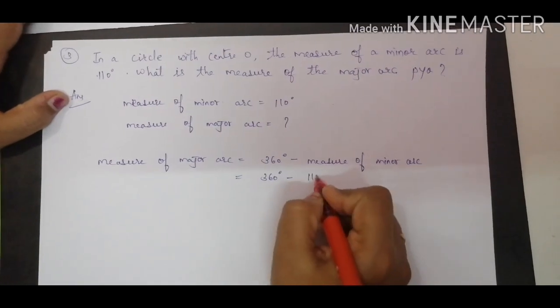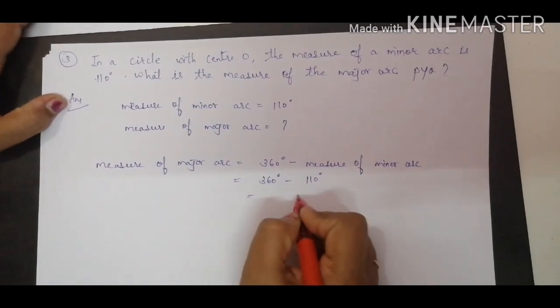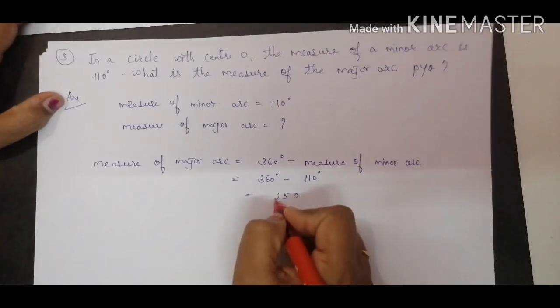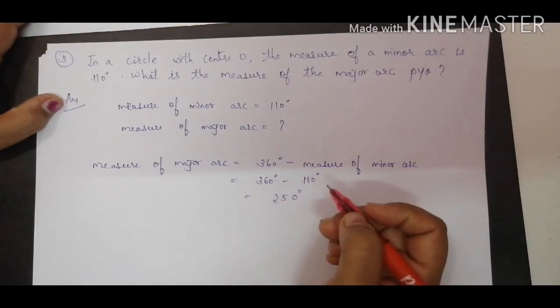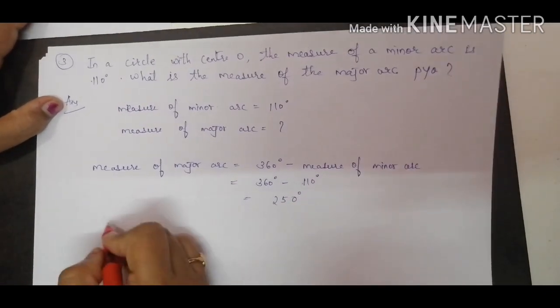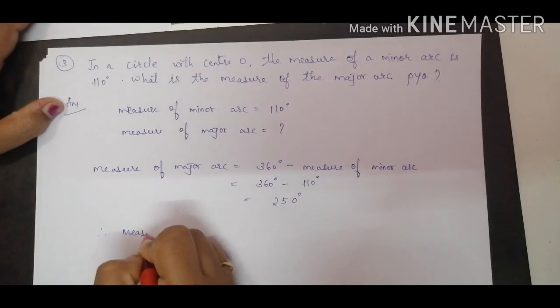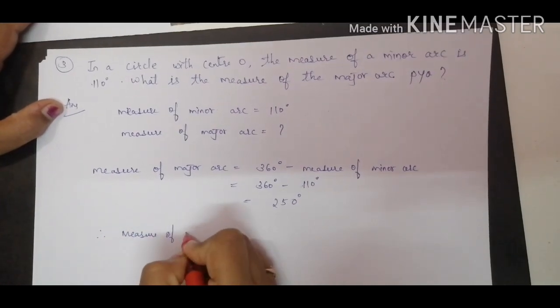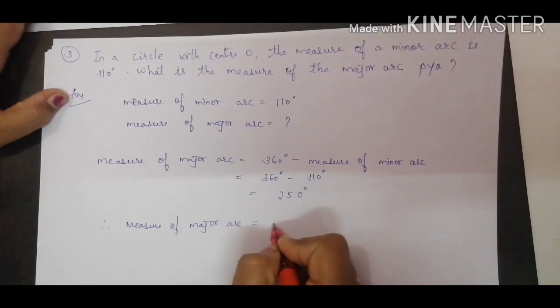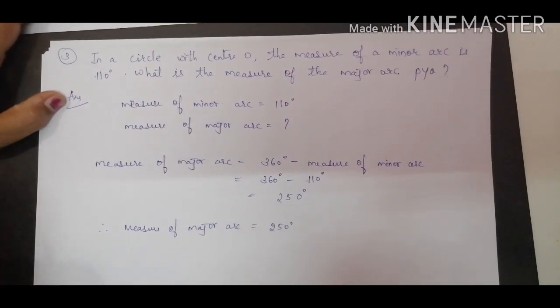Sorry, 360 minus 110 only. So how much is it? 250 degree. Therefore, measure of major arc is equal to 250 degree.